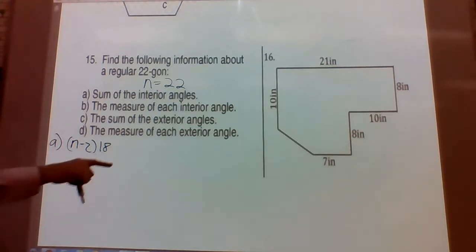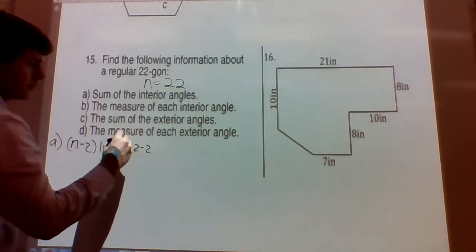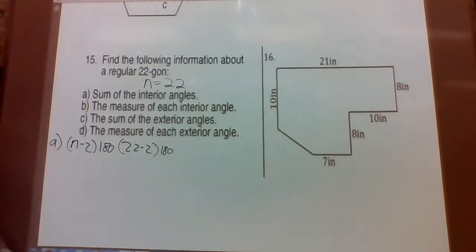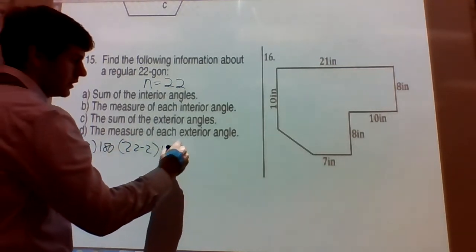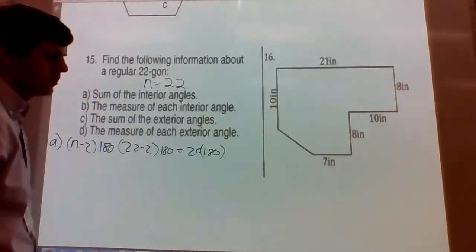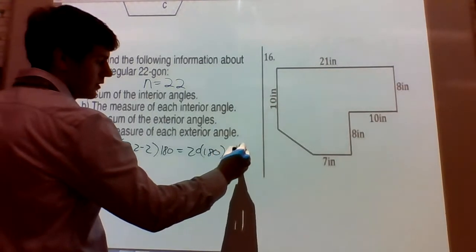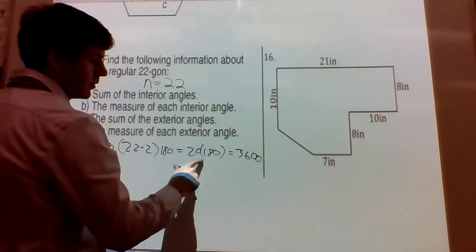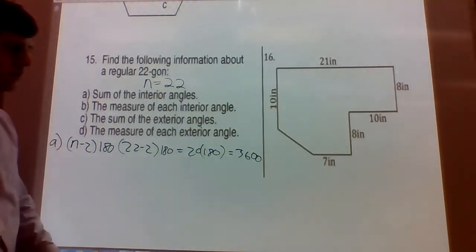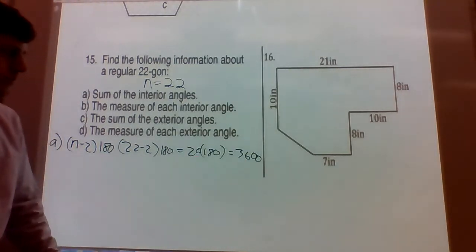So we're going to do 22 minus 2 times 180, which is going to equal 20 times 180. 180 times 10 is 1,800. Since it's 20, it's going to be 3,600.